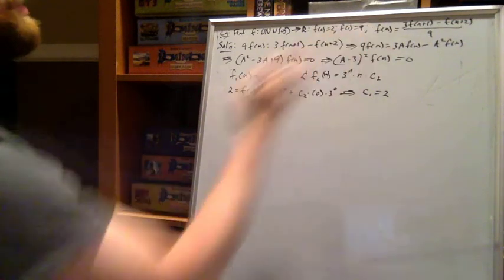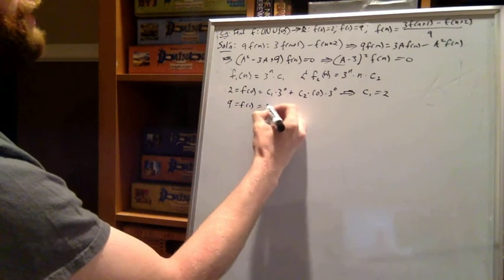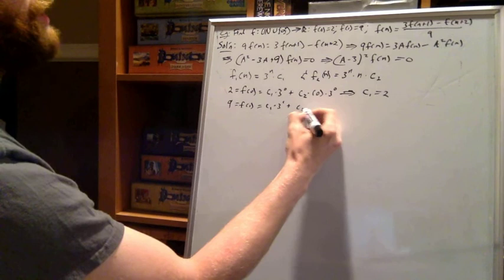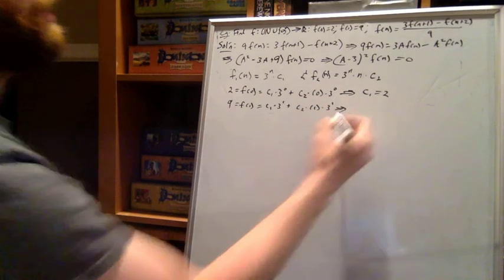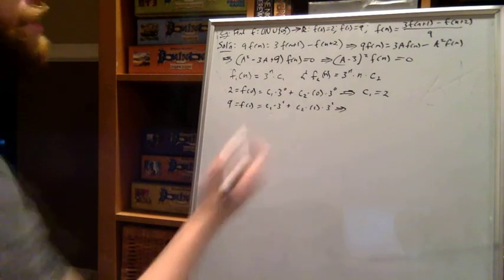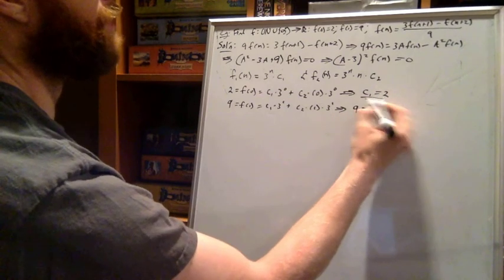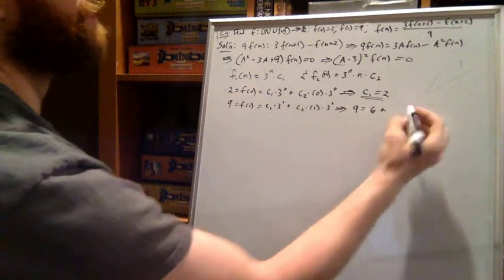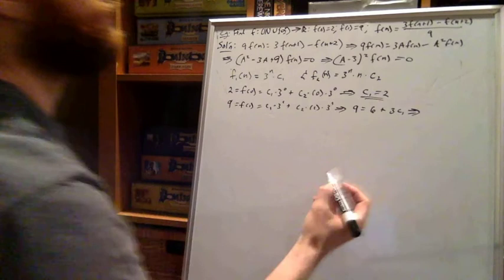Now my next initial condition is that 9 equals f of 1, so that's c1 times 3 to the first power plus c2 times 1 times 3 to the first power. Because I know what c1 is, I can just plug that in. So I get 9 equals 2 times 3, 6, plus 3c2, which tells me that c2 is equal to 1.